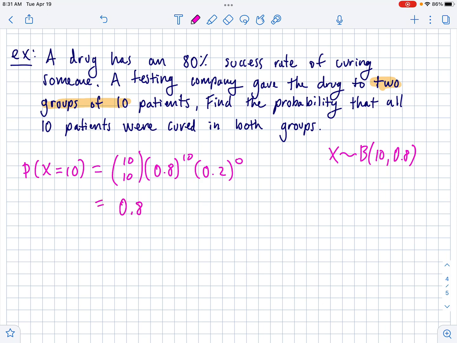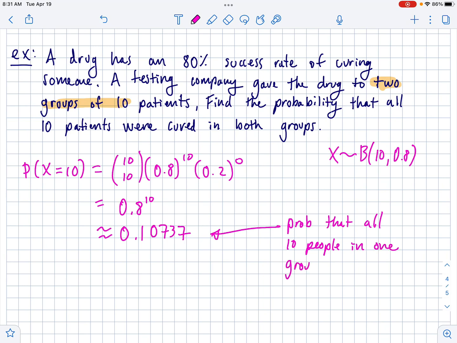This is just 0.8 to the 10th power, which is about 0.10737. Now, this is the probability that all 10 people in one group are cured.